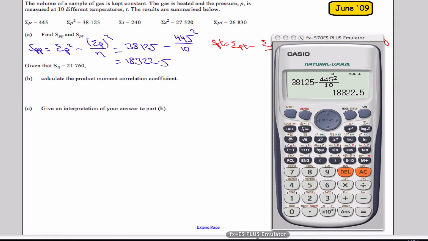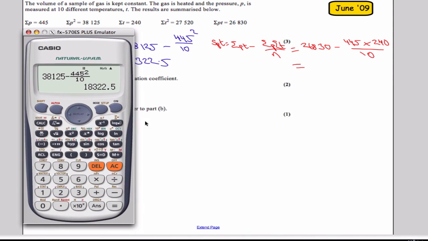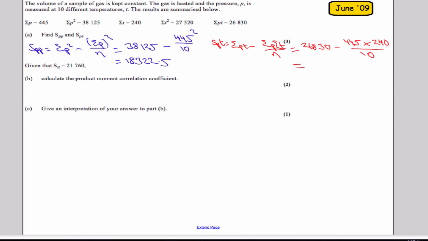Again, whip out the calculator and plug in the values: 26830 minus 445 times 240 all over 10 equals 16150. Notice that what I have in the calculator display is exactly what I've written out here.